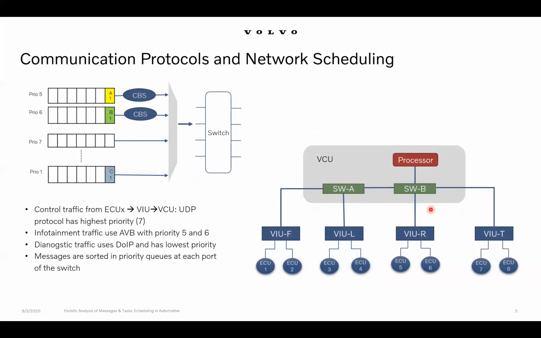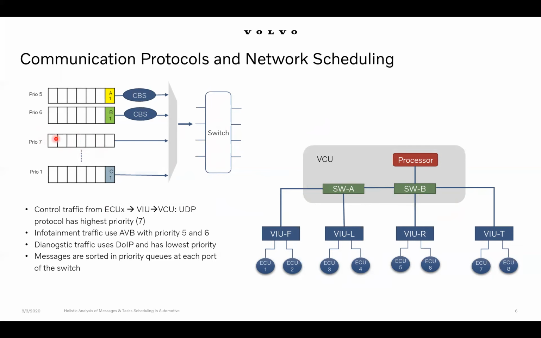In this slide, I want to recall the previous work on the network scheduling part. In order to support quality of service for the network traffic in the system, whenever the traffic arrives, it will be divided into different queues at the ingress port of the switch. In this case, we have two switch blocks, switch block A and switch block B. For the control traffic, we use the UDP protocol and put it in the highest priority.